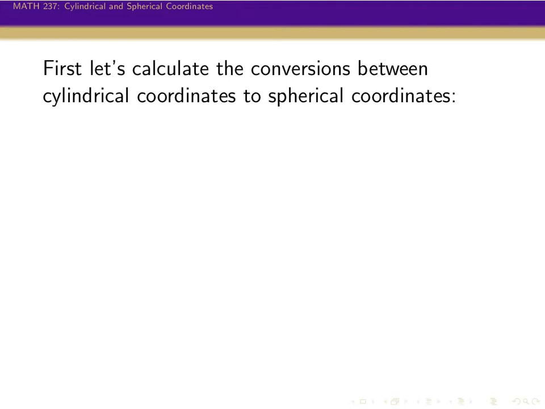Okay, and so if we're thinking about these coordinates going from polar to spherical, so remember in polar, if you have some point, you go out theta, out r, and then up z. Okay, well, when we do this in spherical, theta is going to stay the same.